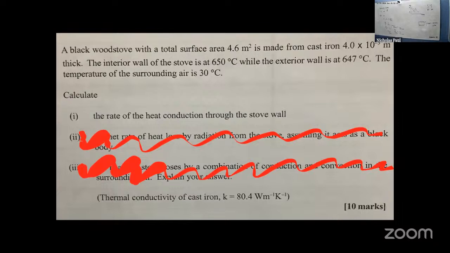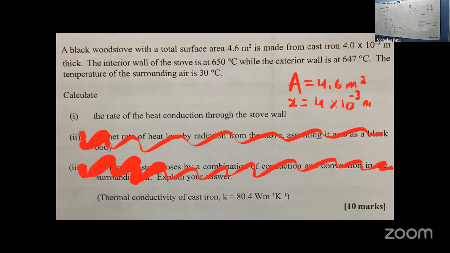It's made from cast iron of a particular thickness. Only part one to begin with. So for those who are not seeing that, write down the important things: surface area 4.6 meters squared, cast iron. They give you the thickness of the cast iron, that is 4 by 10 to the minus 3 meters.